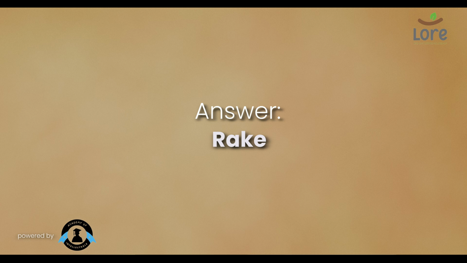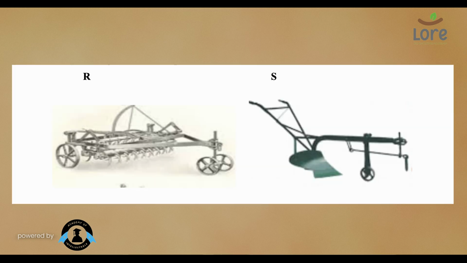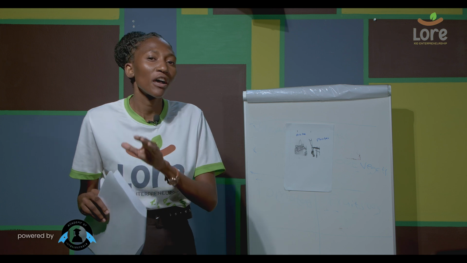Question C says, name any implement that a farmer can use before using implement R. Now from our pictures, what is implement R? Implement R is a disc harrow, and it is used to level our soil after we plant.